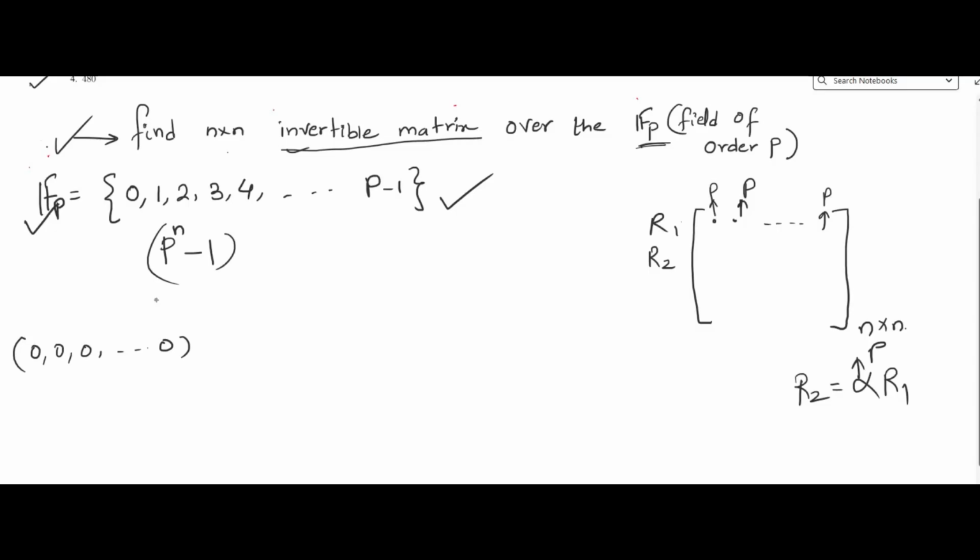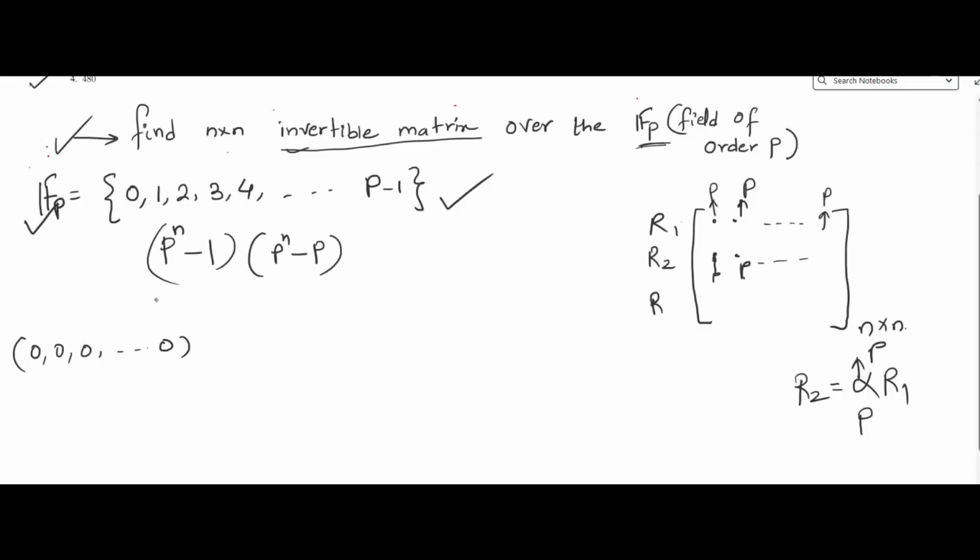And for all entries in the second row I'll have p choices. So there are a total of p raised to n choices, but among all these there will be p such choices which are a multiple of the first row. We don't want that, so from this I have to subtract p.